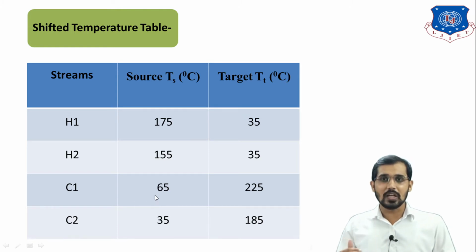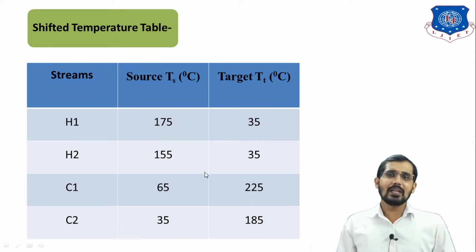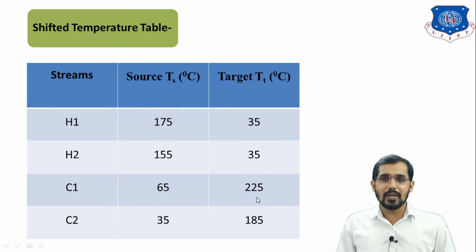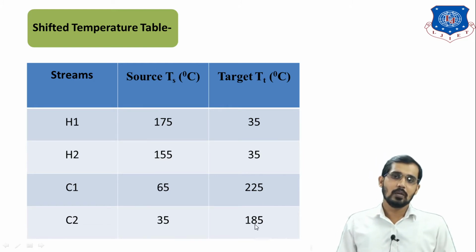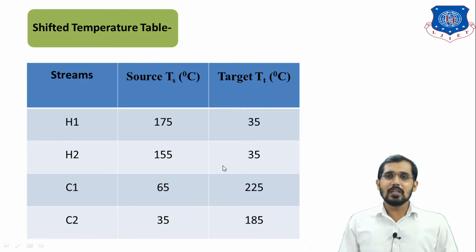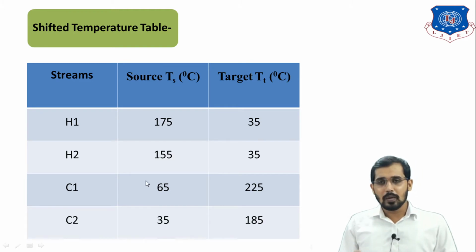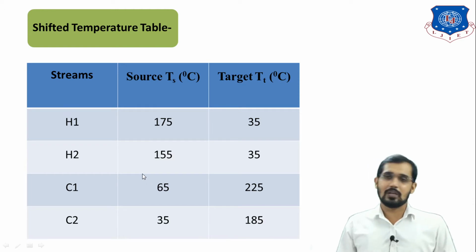Initially in the table it was 60 and 30, now the new source temperature is 65 for C1 and 35 for C2. After that, the target temperature for C1 is 225, initially 220, and for C2, 180 is replaced by 185. So plus 5 is added in the cold stream and minus 5 is removed from the hot stream. This is the shifted temperature table.